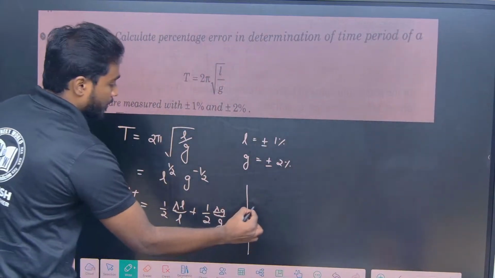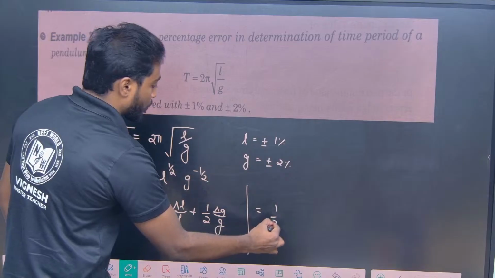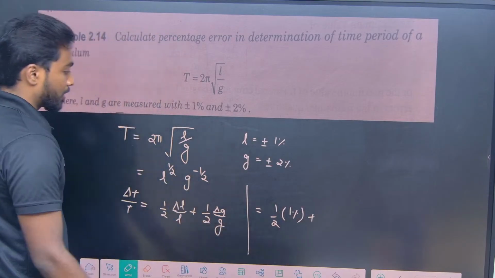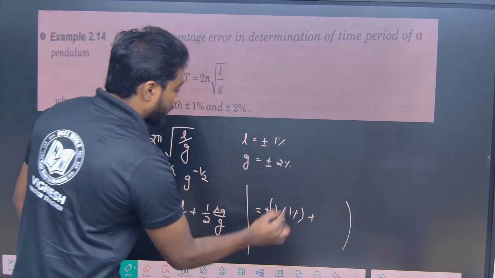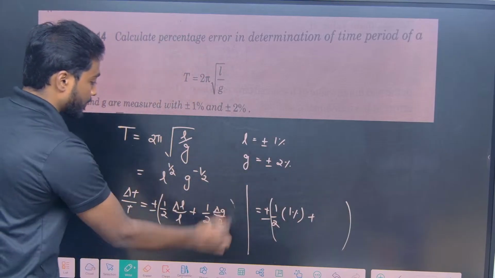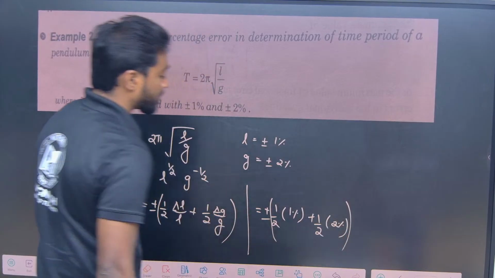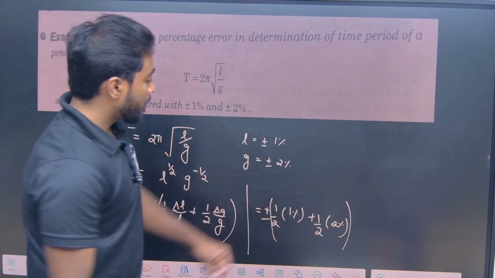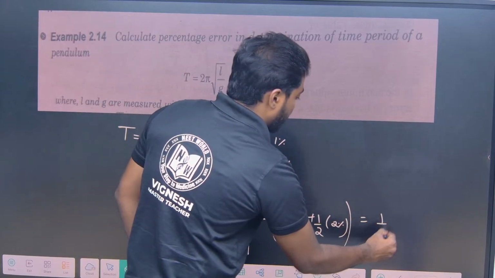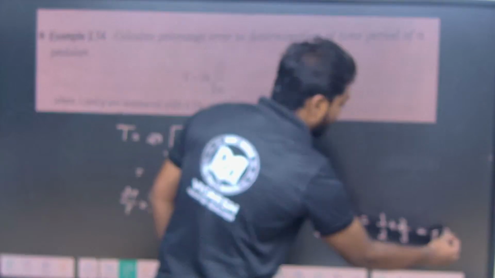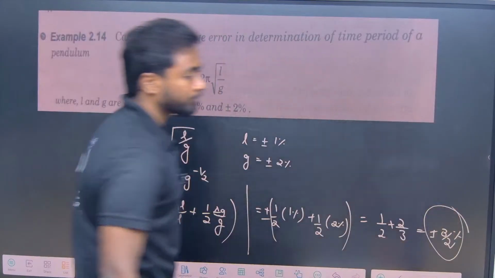So it will be 1 by 2 into 1 percent plus, taking the plus or minus outside, 1 by 2 into 2 percent, which is 1 by 2 plus 2 by 2, which is nothing but plus or minus 3 by 2 percent. That's it.